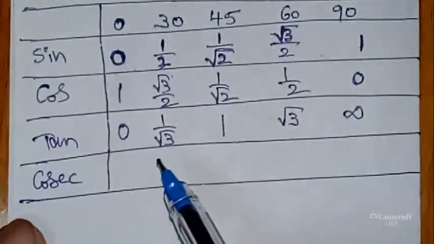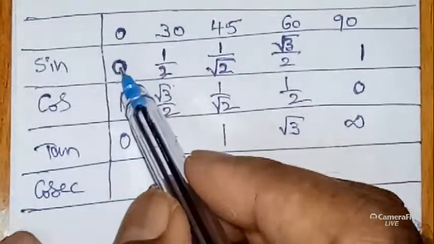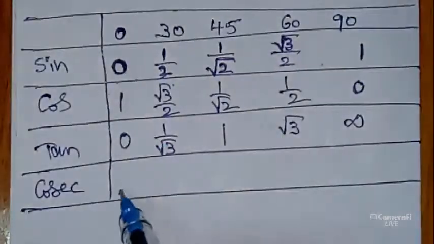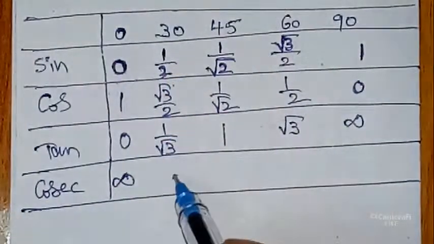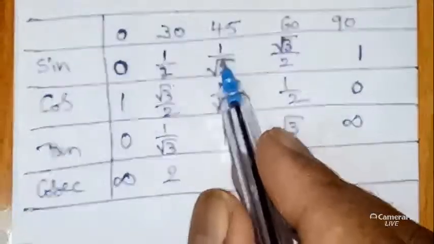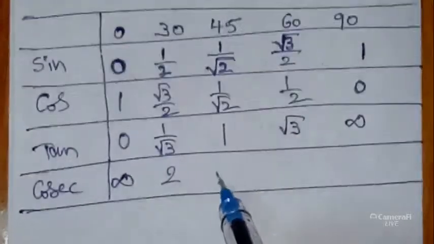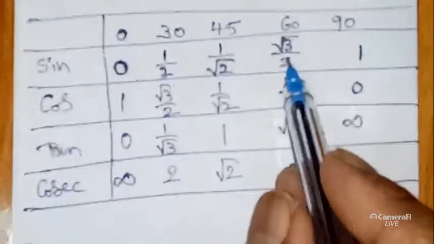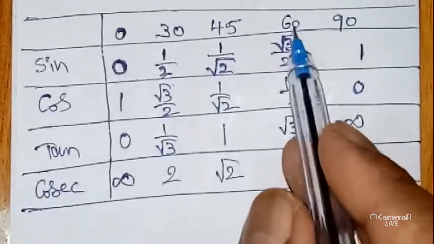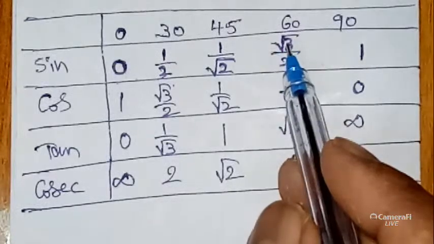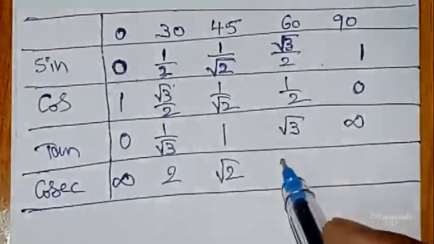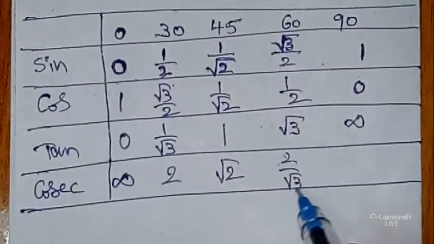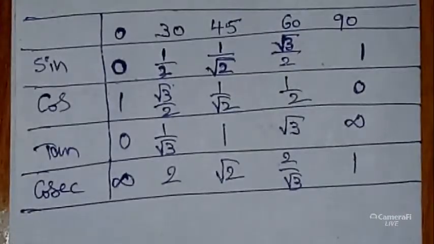Reciprocal means you write 1 by the sine value, so 1 by 0 is undefined. 1 by 1 by 2 is 2. 1 by 1 by root 2 is root 2. 1 by root 3 by 2: the same as this value reversed, so you can write 2 by root 3. Next, 1 by 1 is 1.